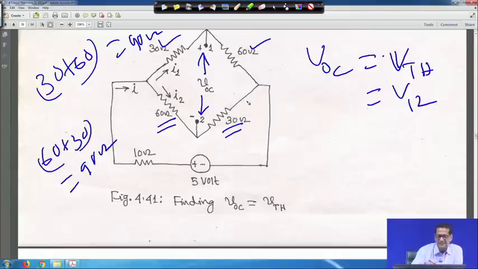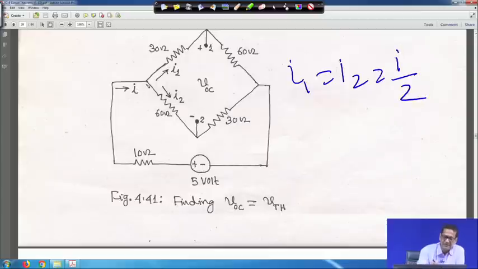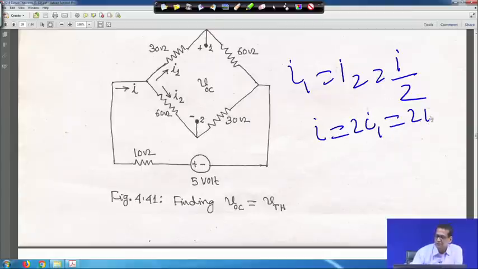So, here it is in series 90 ohm and 90 ohm. That means let me clear it, I1 is equal to I2 is equal to I by 2, because whatever current is entering at this point, half of I will go here, half of I will go here. So, I1 is equal to I2, that means I is equal to 2 I1, is equal to 2 I2, right.